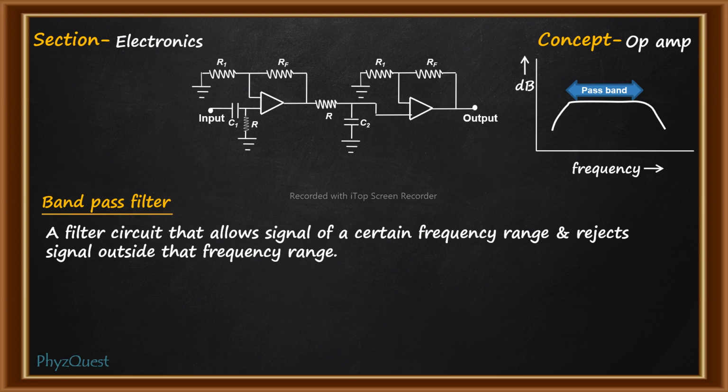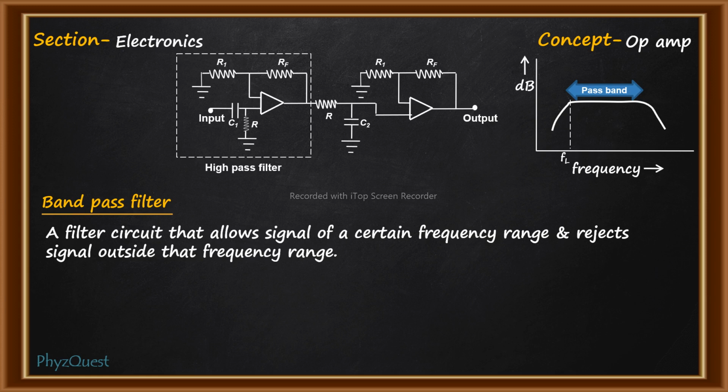As I said, a band pass filter has two cutoff frequencies, lower cutoff frequency and higher cutoff frequency. The lower cutoff frequency is decided by the high pass filter circuit. Why? Because a high pass filter allows only signals with frequencies higher than the cutoff frequency. So frequencies lower than the cutoff frequency will be blocked.